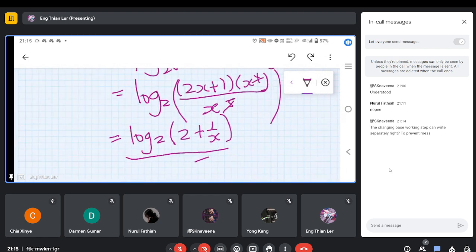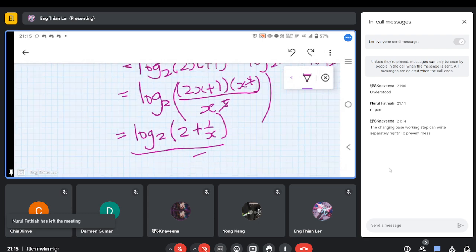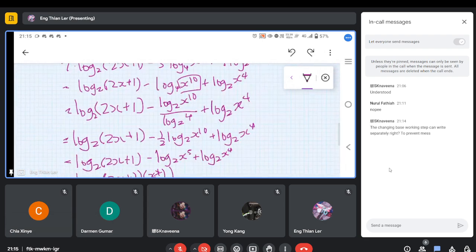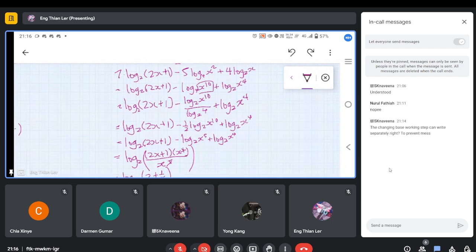And remember there is still the changing base working step, you can write separately, right? To prevent mess. Yes, I prefer you write separately, because if you skip too many steps, it actually confuses you more than the teacher does. So I prefer you to write more steps.